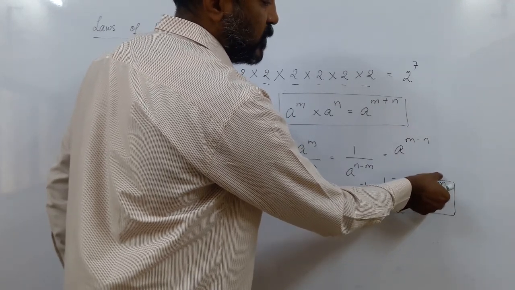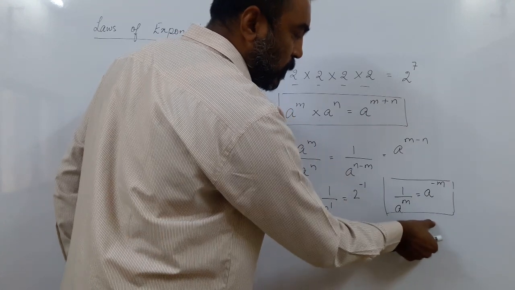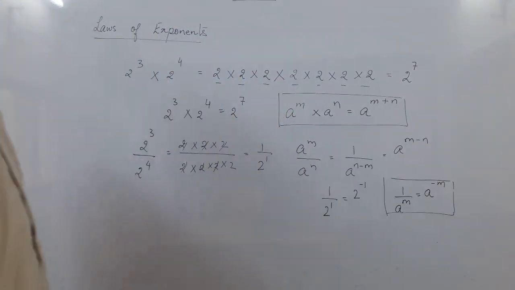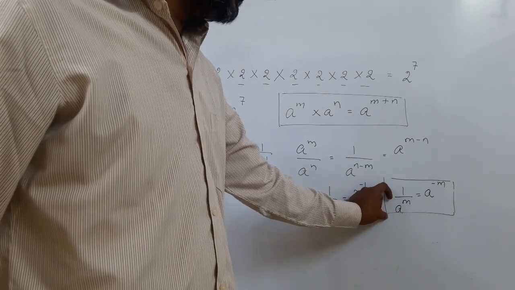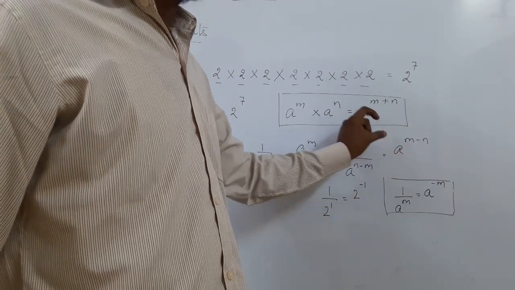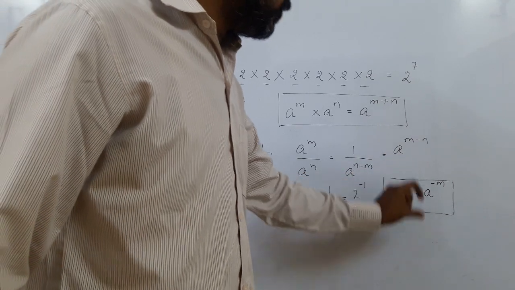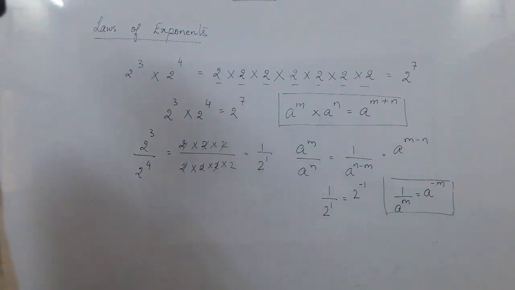So it was positive in the numerator, it goes in the denominator, it becomes negative. So any power, the base remains the same, but if the power is going from denominator to numerator, it should change the sign. Going from numerator to denominator, it should change the sign. Okay? So these are the general rules.